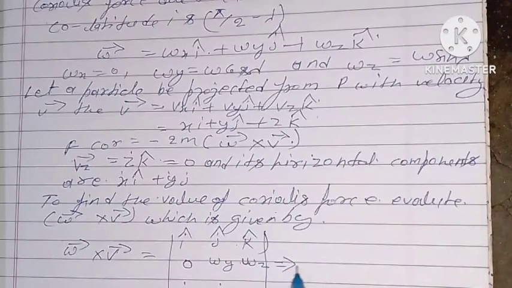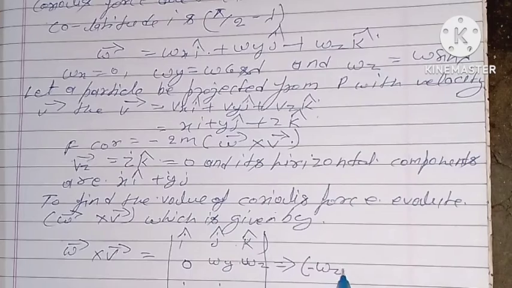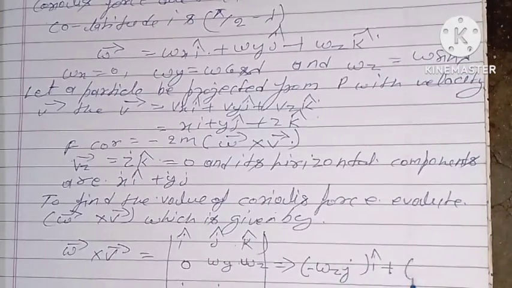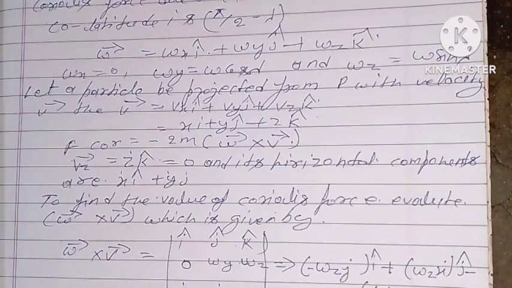Then the value is minus omega z y dot i plus omega z x dot j minus omega y x dot k.